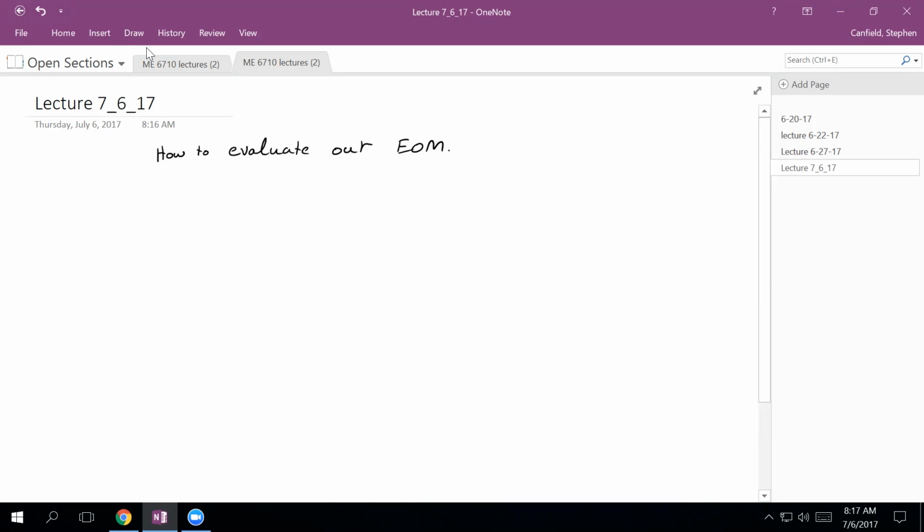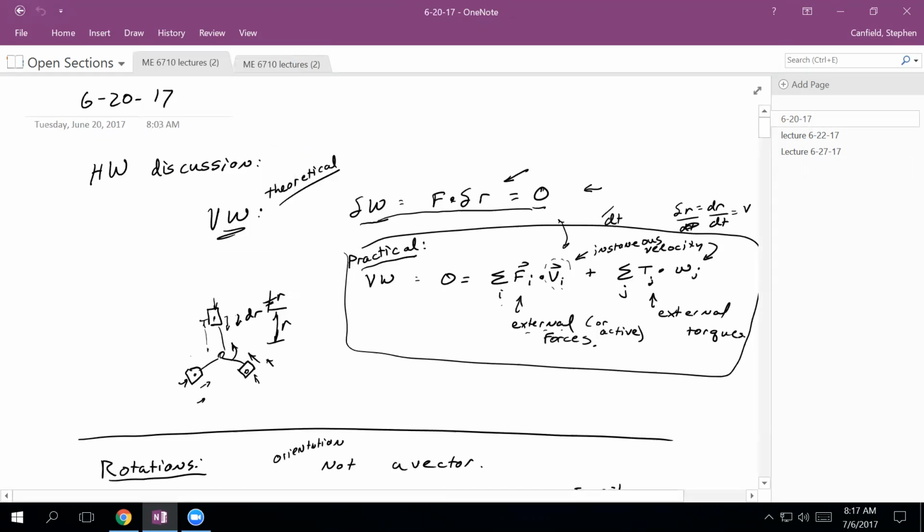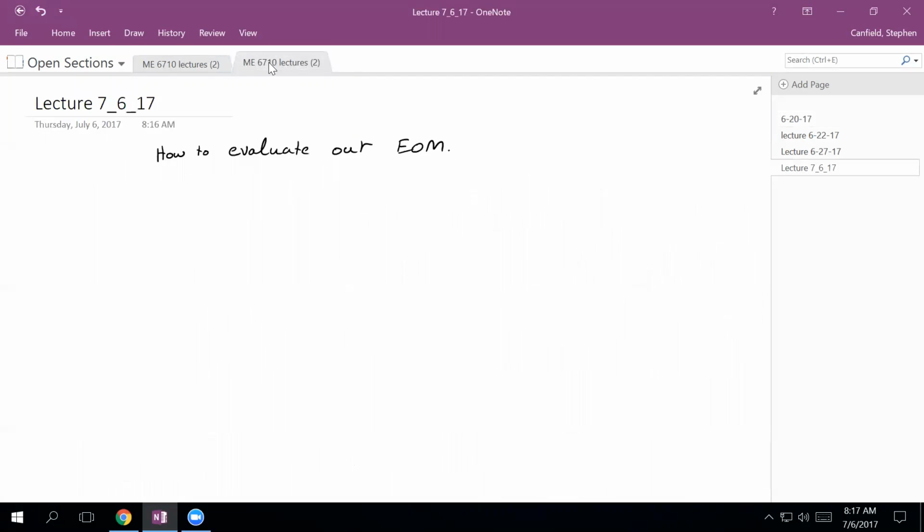In general, I'm listing three approaches. The first approach would be to look for a closed form solution.